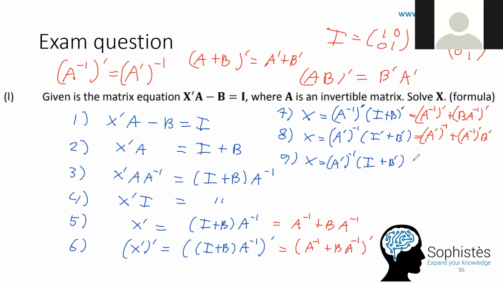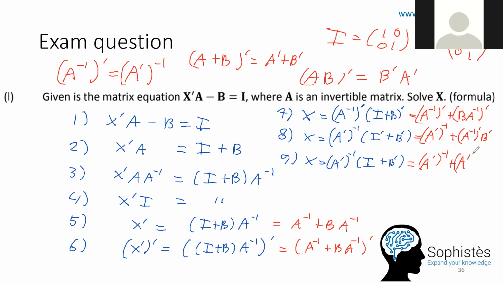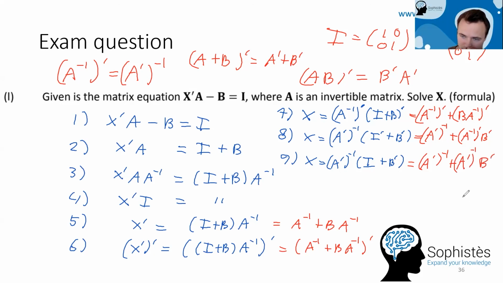Yes. Okay. And then if you want, you can take the a prime out. You can write it down like this: a prime minus 1 plus. So here I switch the -1 and the prime. So here I get -1. You also agree with this?